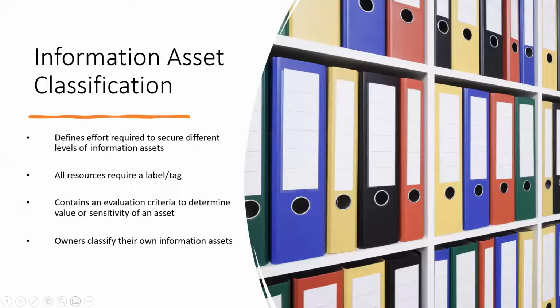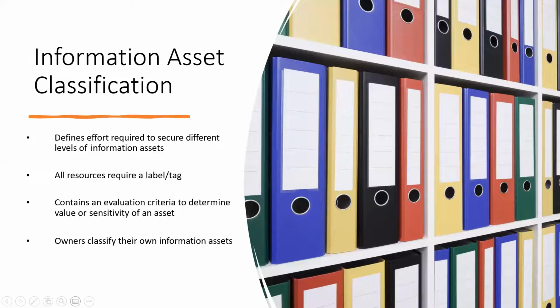Employee records could be classified by the HR director. The owner of the information knows how valuable the information is to the business. In some cases, only the owner of that information knows the content of the information.